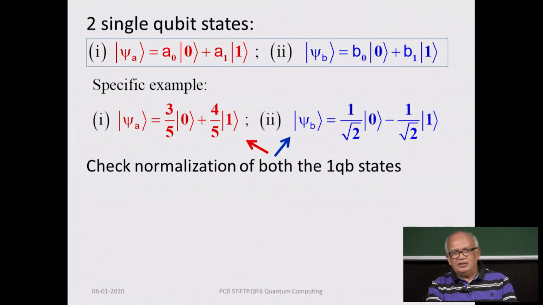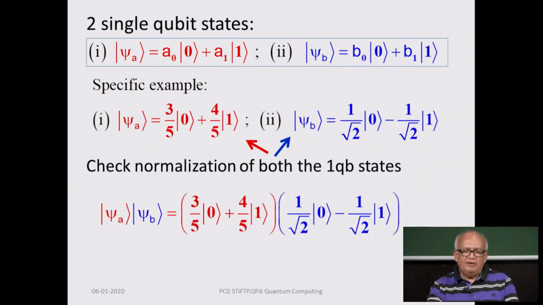Sum of the squares add up to unity, right? 1 over 2 plus 1 over 2 is equal to 1 even in quantum mechanics, right? Sum of the squares of 3 over 5 plus 4 over 5 also add up to 1. So, these are properly normalized single qubit states, right?